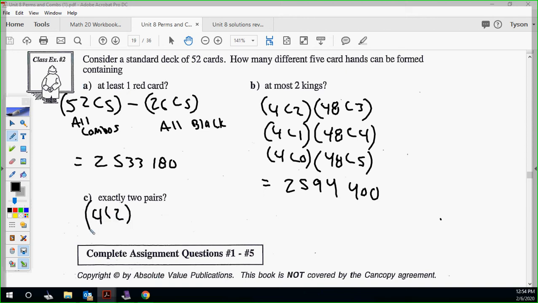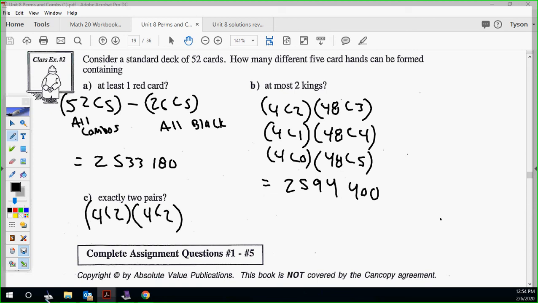So we want 2 pairs. And we know that for all cards, to have pairs, there's 4 cards of the same kind. So 6, 6, 6, 6, whatever. There's 4 of them. Well, we need 2 pairs of these. So there's your 4C2s. This is 4 same card, pick 2 of them, 4 same card, pick 2 of them. There's your 2 pairs. So 2 pair means like having 2 kings and 2 queens exactly.